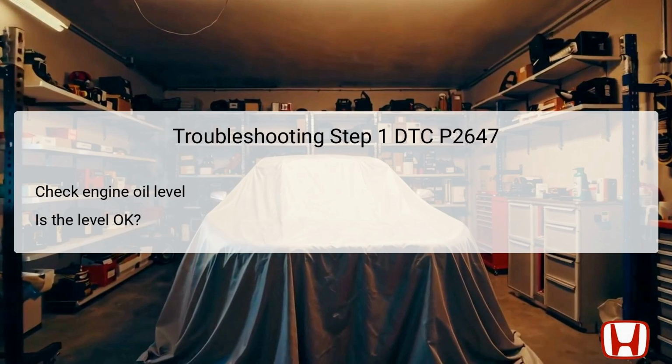If the level is adequate, you would then proceed to the next troubleshooting step. However, if the oil level is low, it's crucial to top it up to the proper level before continuing with further diagnostics. An insufficient oil level can lead to inaccurate readings and trigger diagnostic trouble codes, such as P2647, that do not reflect an actual fault with the system.